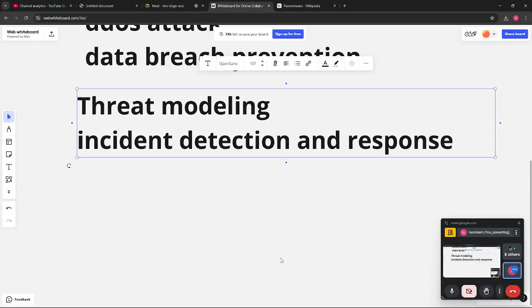So basically, as a SOC analyst, you need to quickly identify and mitigate all the security risks and incidents. You need to minimize all the damage and ensure business continuity. You need to act very quickly. As a SOC analyst, you will be getting a playbook to respond.